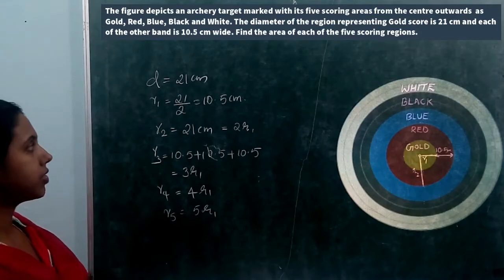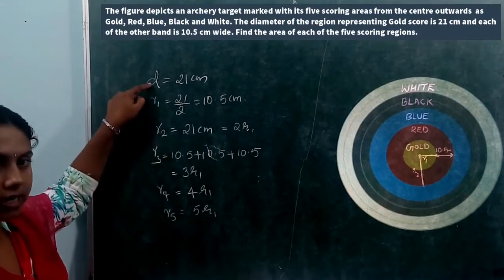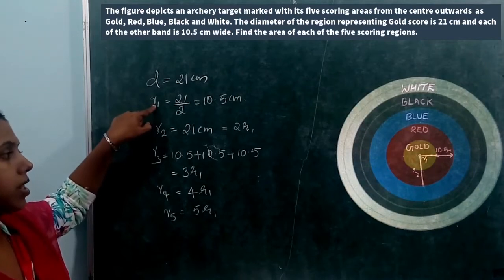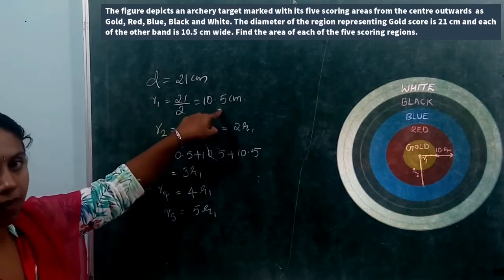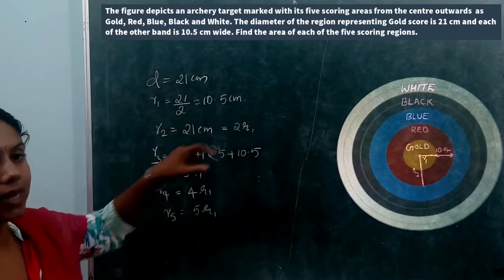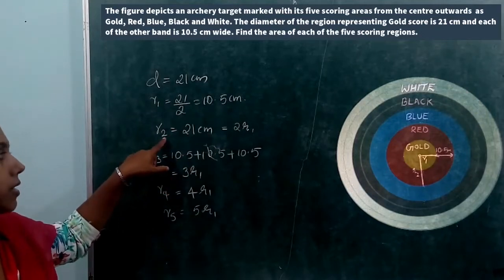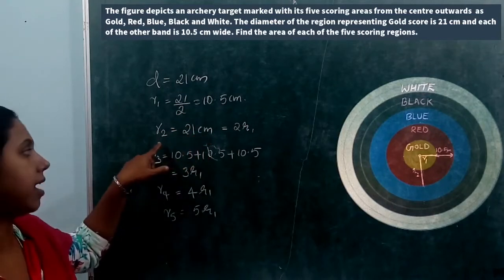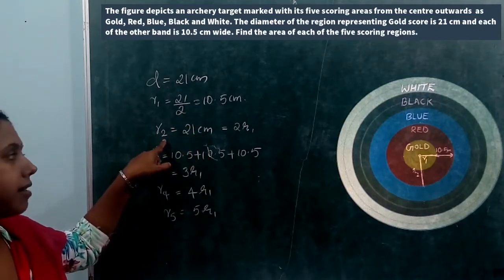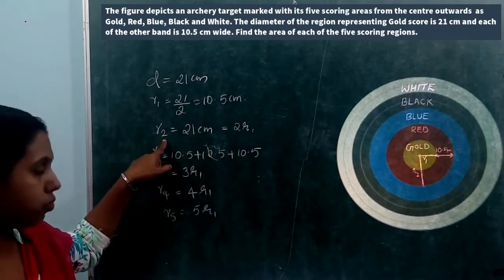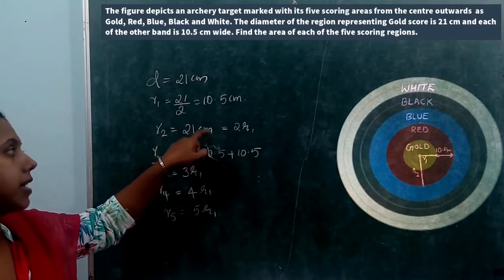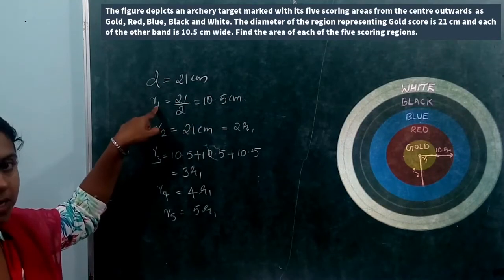Once more I repeat, the diameter of the golden region is 21. So the radius of the first region is equal to 10.5. The width of each region is 10.5. So the radius of the second region, that means the gold plus red, we can note down as R2. That is equal to 21 centimeter, that means double the first radius.